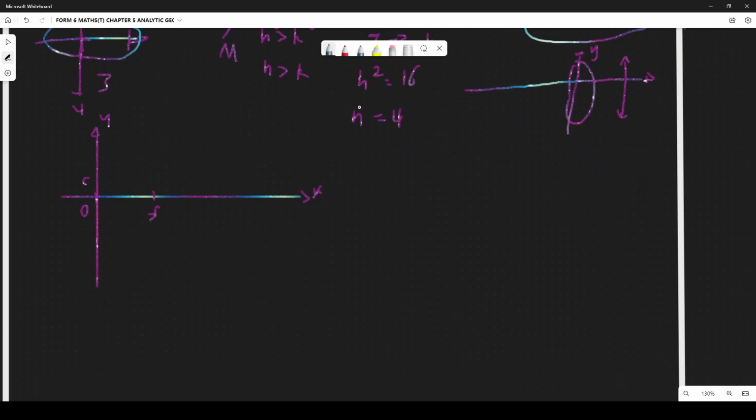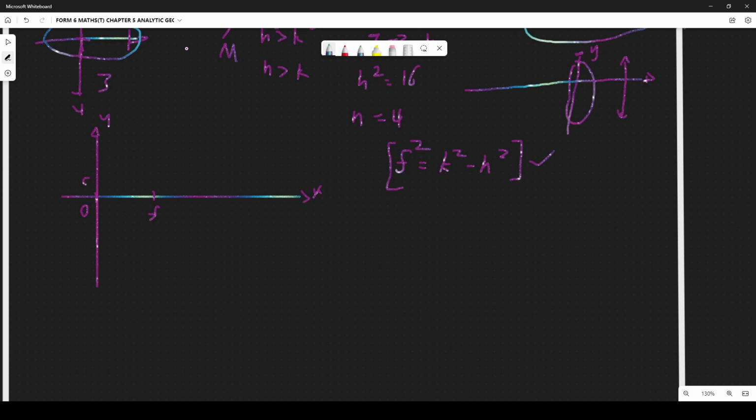So the focus is usually k squared minus h squared. This is the general formula to find the focus. You always do major minus minor. This is another thing you have to remember for this chapter. These formulas will not be given, so always remember that.